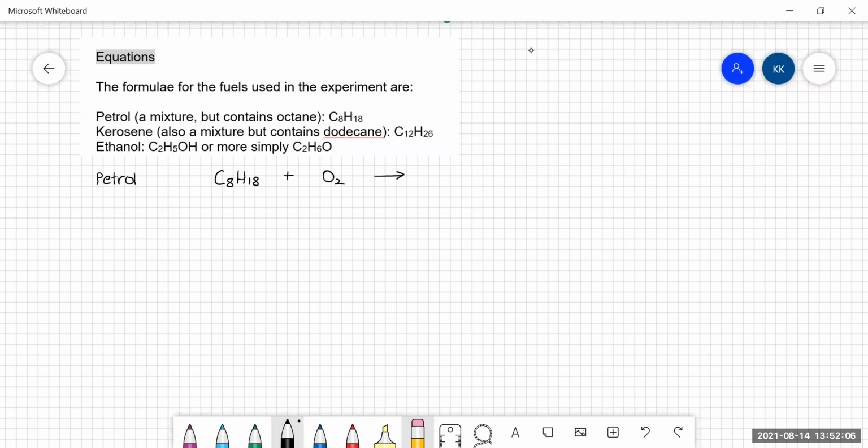And because it's complete combustion, then we're going to have carbon dioxide and water as our reaction products. Now in petrol, there are 8 carbons. All of those carbons have to be in the carbon dioxide, so I need 8 CO2s.